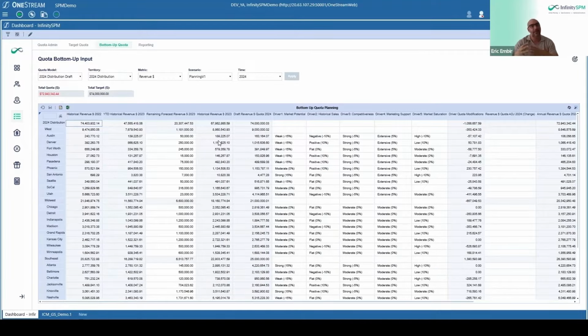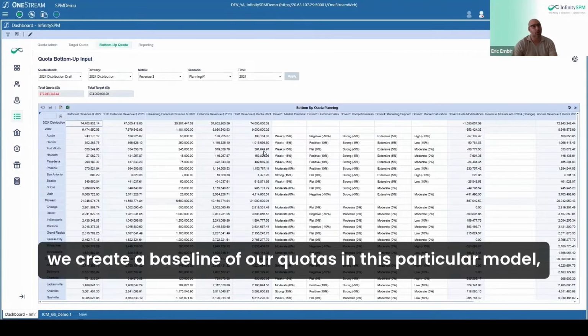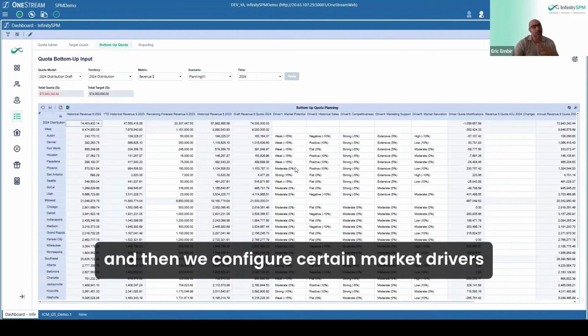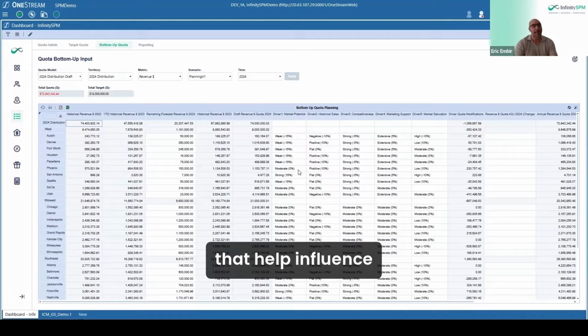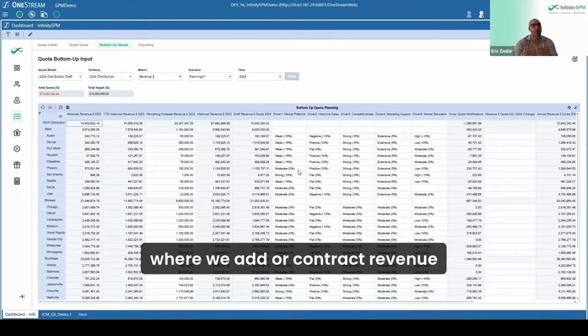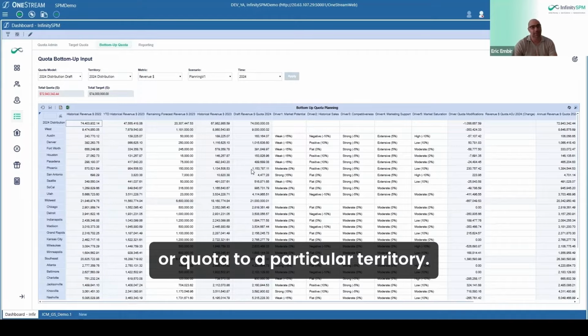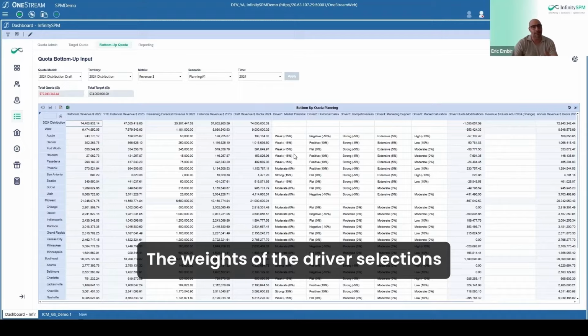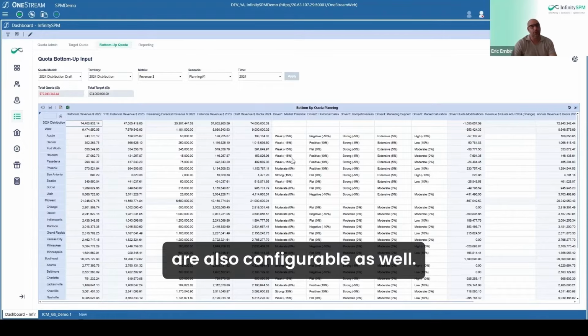But at the end of the day, we create a baseline of our quotas in this particular model. And then we configure certain market drivers that help influence whether we add or contract revenue, quota to a particular territory. And these are all configurable. The weights of the driver selections are also configurable as well.